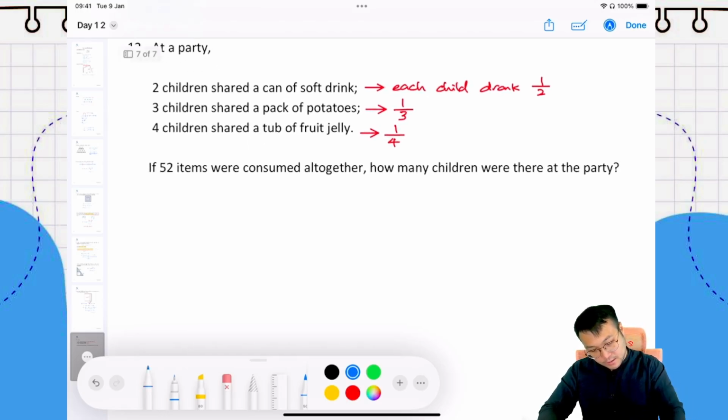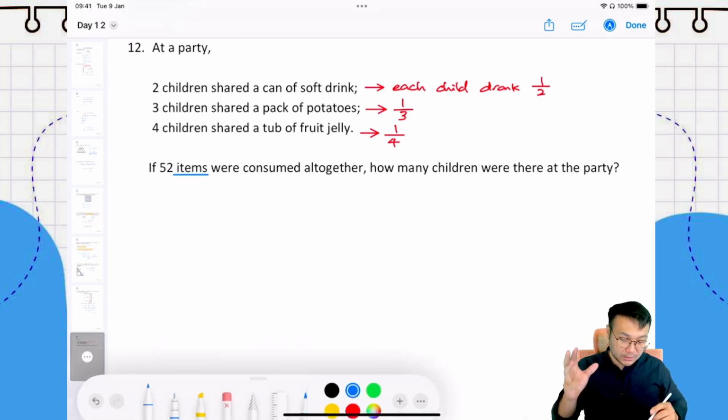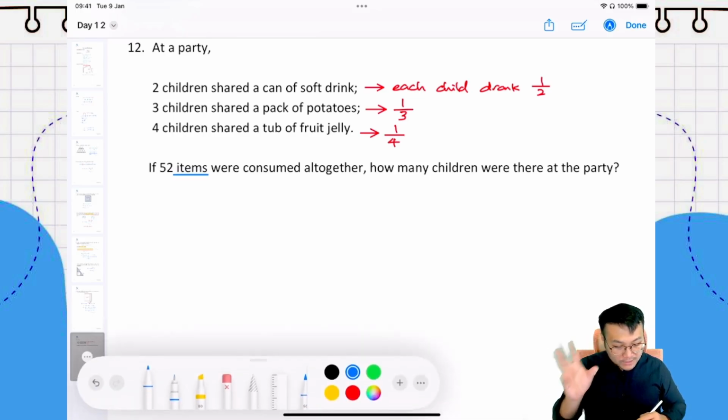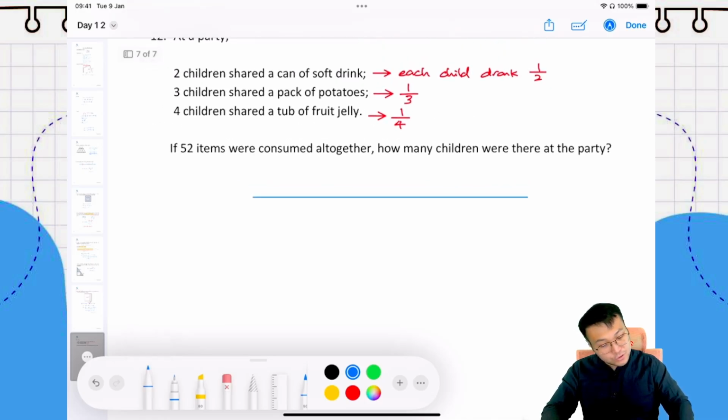Now, everyone, let's find out. Because you already know that each child drank half a can of soft drink. That means they make use of half. Now, what is the meaning of item? 52 items. So, for example, 1 can of soft drink is 1 item. 1 pack of potatoes is also 1 item. 1 tub of fruit jelly is also 1 item. So, what is the total number of items that each child makes use of?